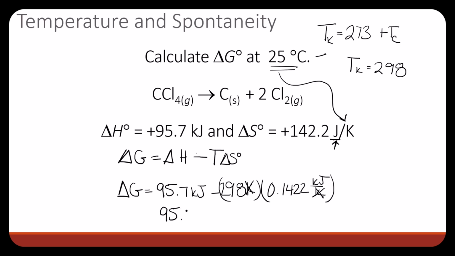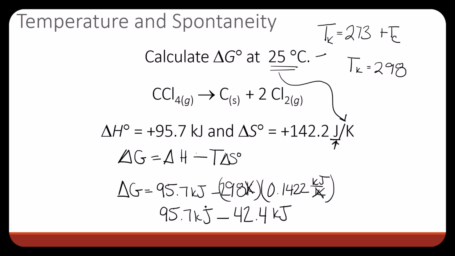We've got 95.7 kilojoules minus, I'm going to multiply these together, so 298 times 0.1422. And this is going to be 42.4 kilojoules. So this is why the units had to match, because if you add and subtract, the units have to be identical.